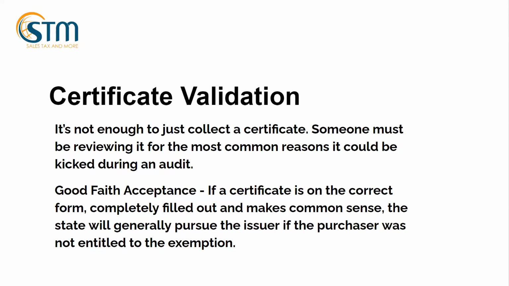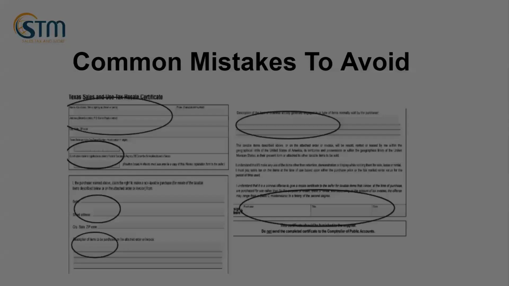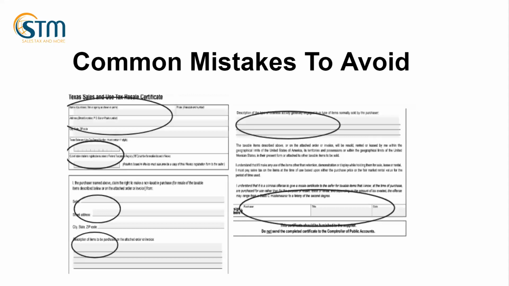So that probably is, unless you're training people in other departments, someone in the accounting department, or maybe you're outsourcing it to a company like us. But these certificates have to be validated. And I'll tell you, the most common reasons why a certificate would be kicked during an audit are for these circles here.